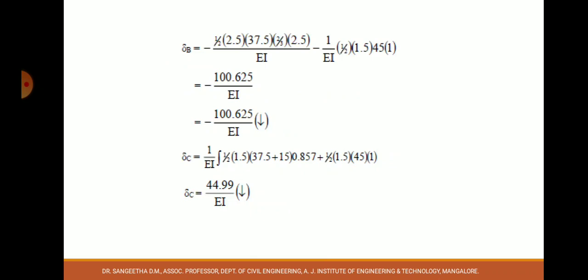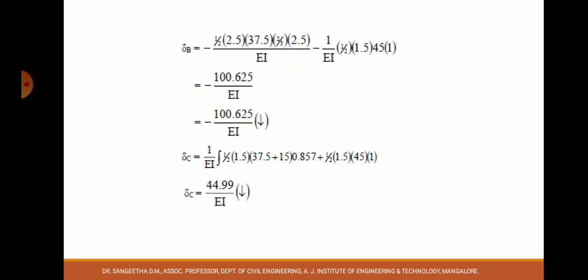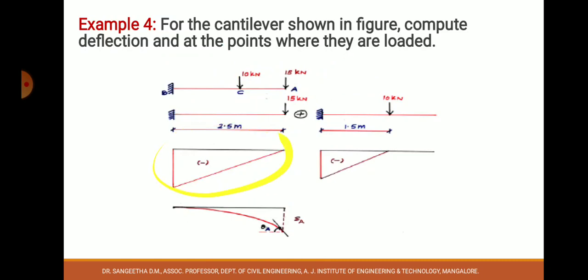Similarly, if you are evaluating deflection, area multiplied by its CG distance. If you are doing for point B, the area is the same thing. Half into base is 2.5, height is 37.5.